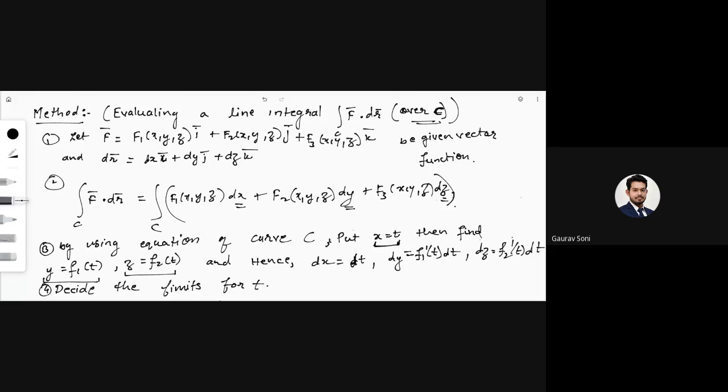How are you going to decide the limits for t? You will look at x in your curve: wherever it is going from a to b, those are going to be the limits for t. Fifth, solve the usual integration.